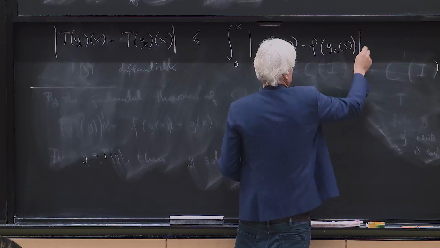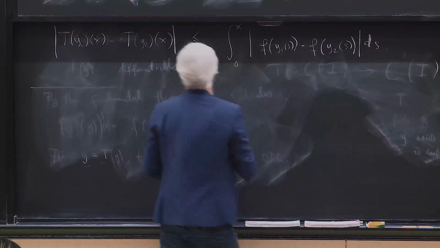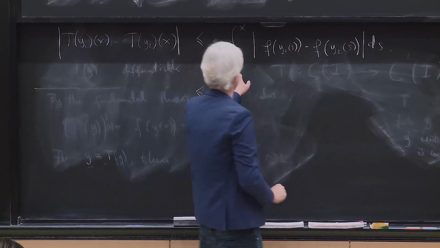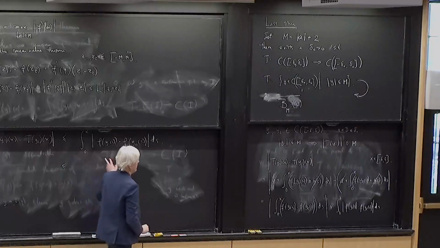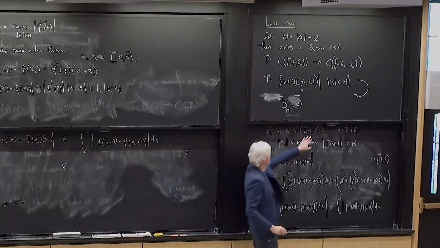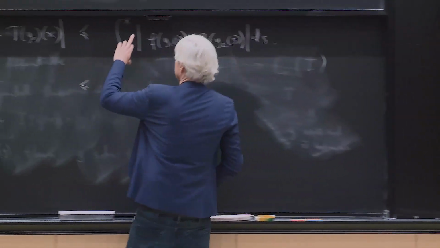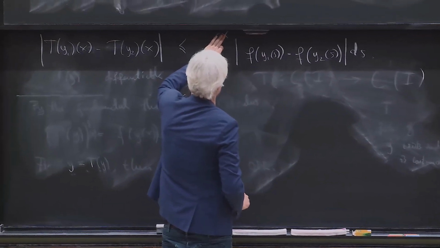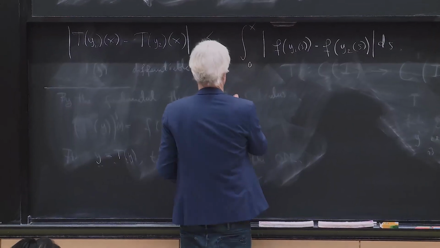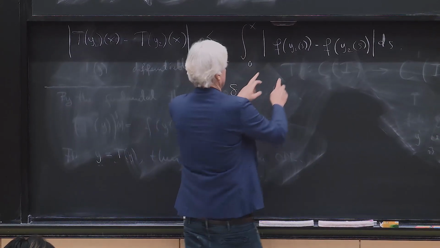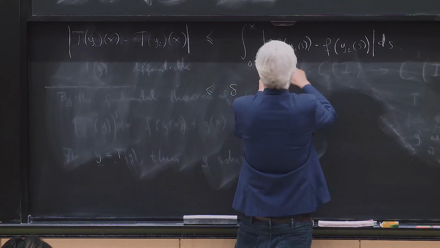And now I know that x is supposed to lie in this interval here. So this means that the length of this interval from 0 to x is at most delta. And then I can take the maximum of this.